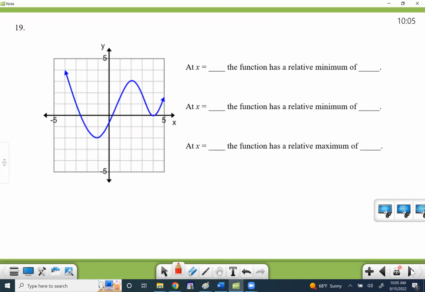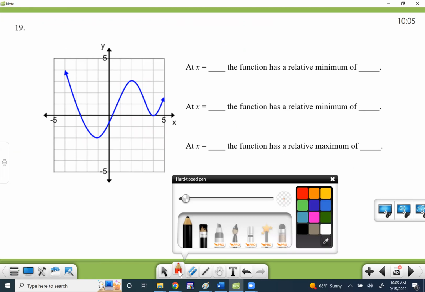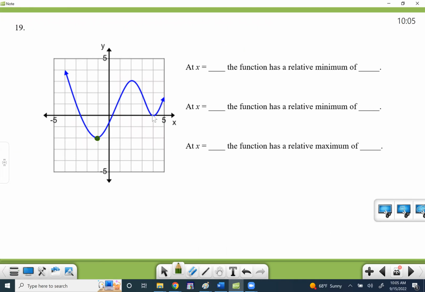Okay, let's go in here and try these. For relative minimums, I am seeing 2 relative minimums there and there. Those are going to be our 2 relative minimum values. So let's get these X values.